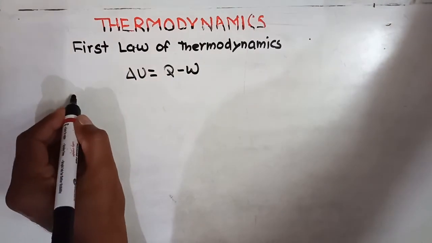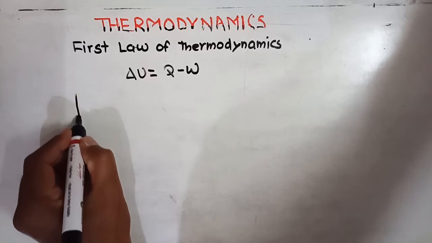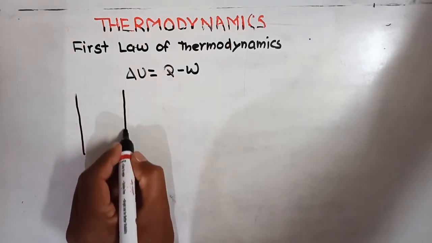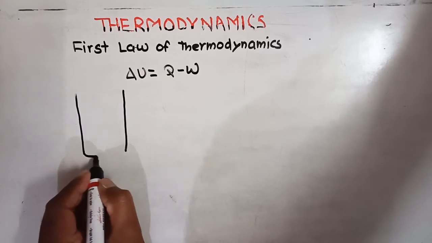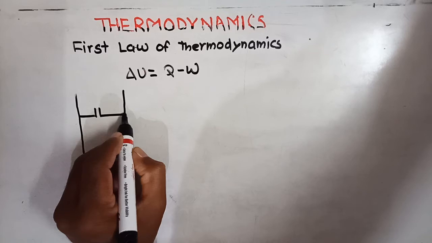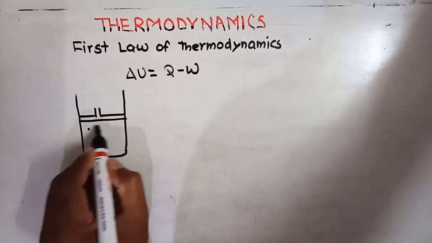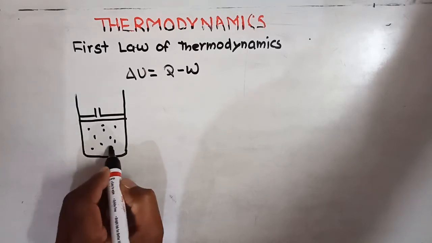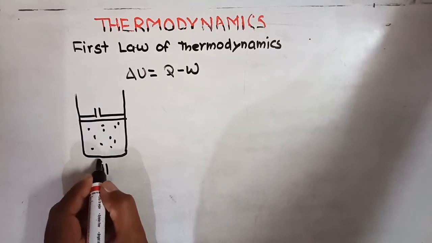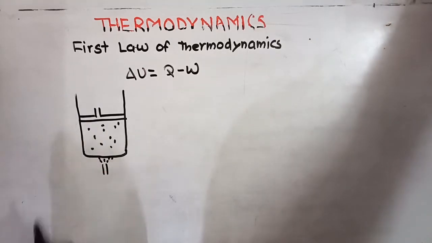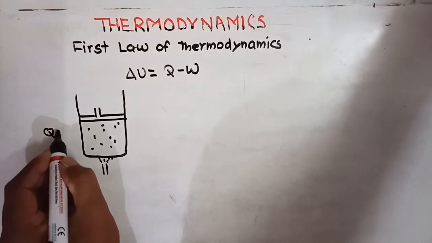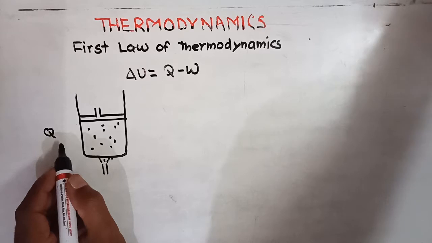Now let us see the sign conventions while applying this first law of thermodynamics. Let us consider we have a cylinder, and gas is enclosed in this cylinder. This cylinder has a piston, and suppose we heat this gas so that heat is added to this system.